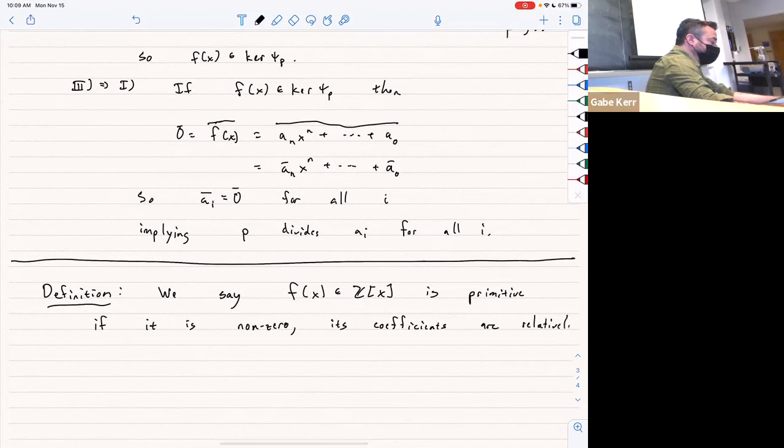There's no common factor, that's what we need. And the leading coefficient is positive.